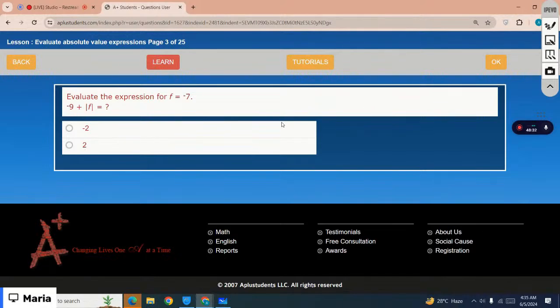Option number 2 is the correct option. That is -2.